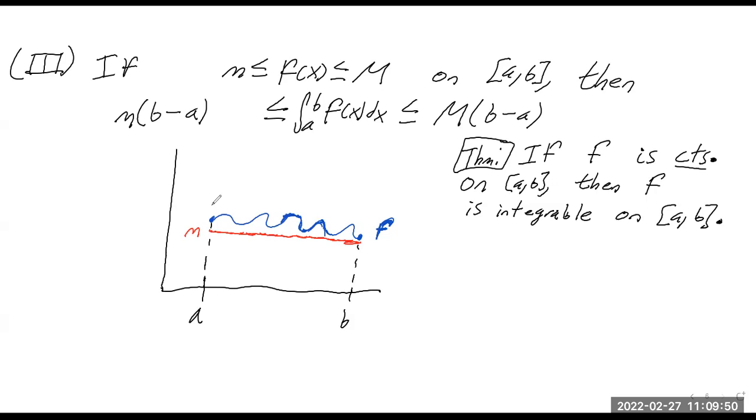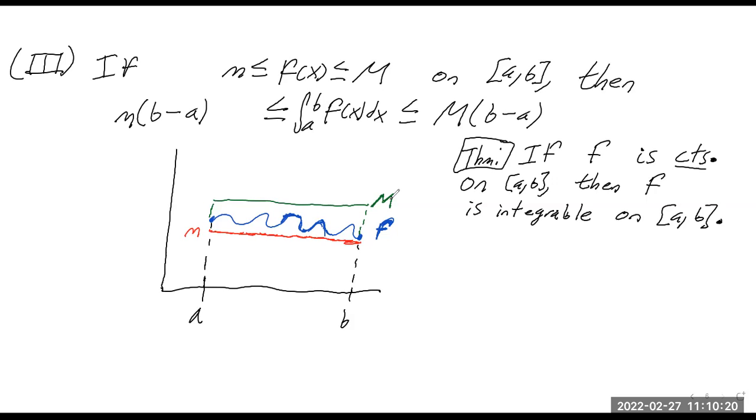Now let's suppose I take something a bit larger than the function, a nice flat line, capital M. Then I think it's pretty clear from everybody in this picture that the flat line M, capital M, is living above the curve of f between a and b.